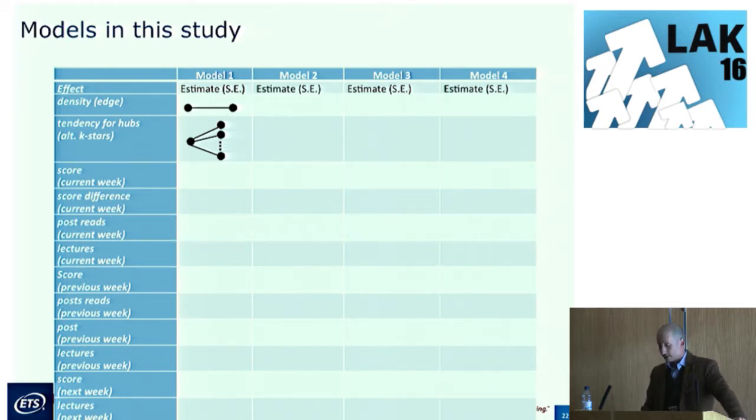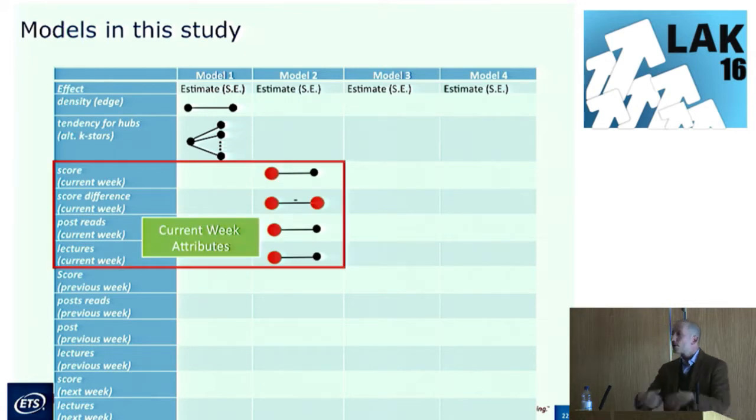We want to control for those when we begin to introduce the variables that we're actually interested in. So the current week attributes are the next step up, where we take into consideration the score, the performance of the student in this week. We take into consideration the difference between them and each of the other nodes in the network.